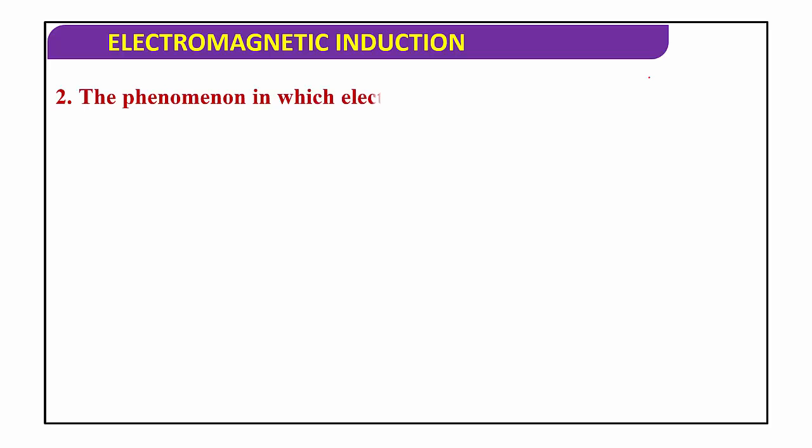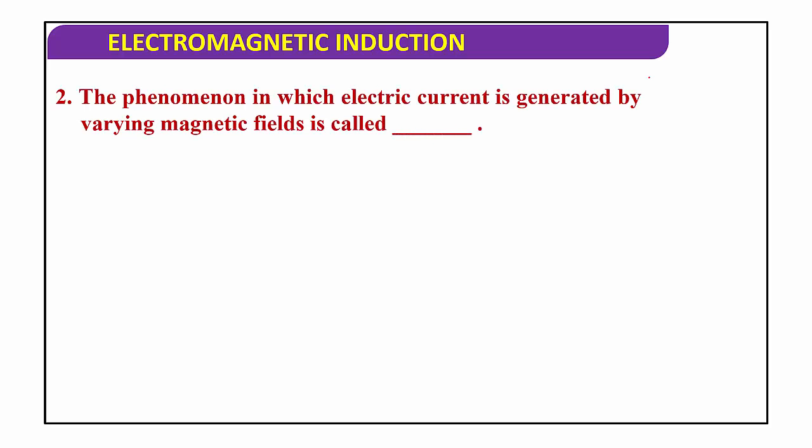Then, the second one: the phenomenon in which electric current is generated by varying magnetic fields is called. Observe the statement here, or the definition. We are going to generate electric current, how? Only by varying, by changing the magnetic field.